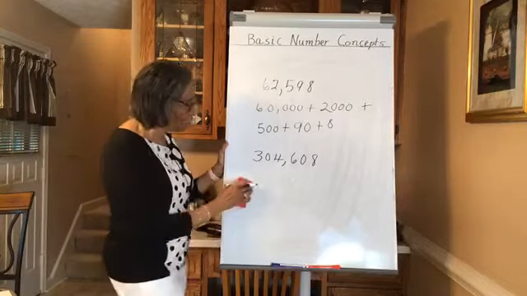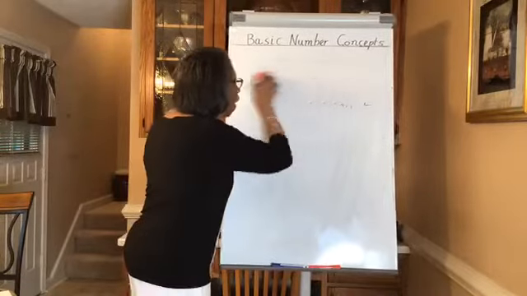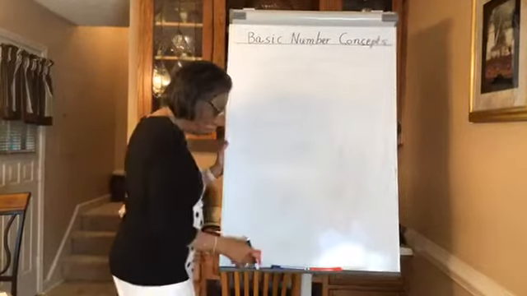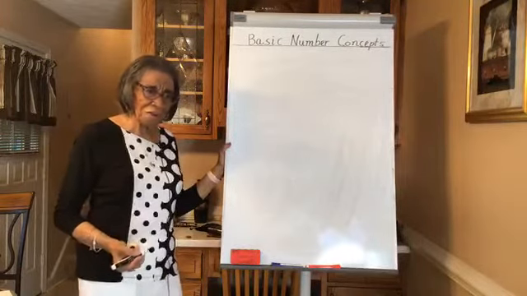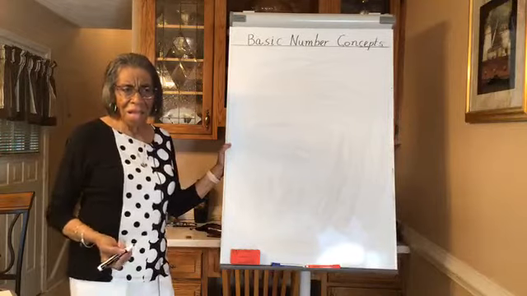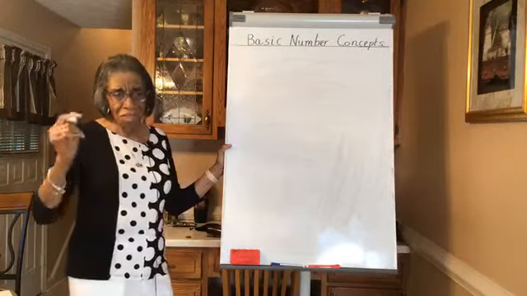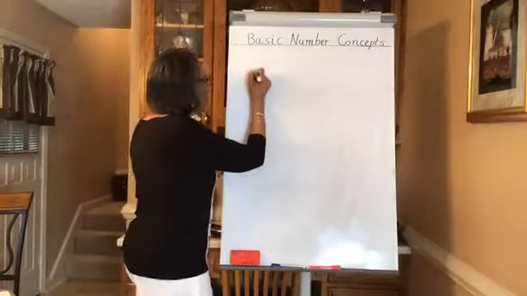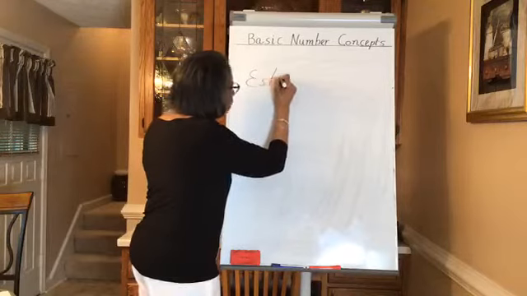And I want to go to some other concepts. Another thing we do with these numbers, which is very important, especially if you're going to do groceries or trying to decide your budget for the month, is that you don't have to be exact, you can use estimation.